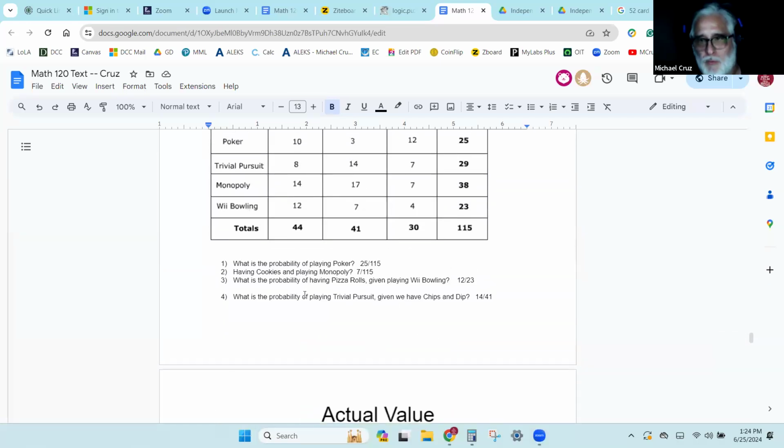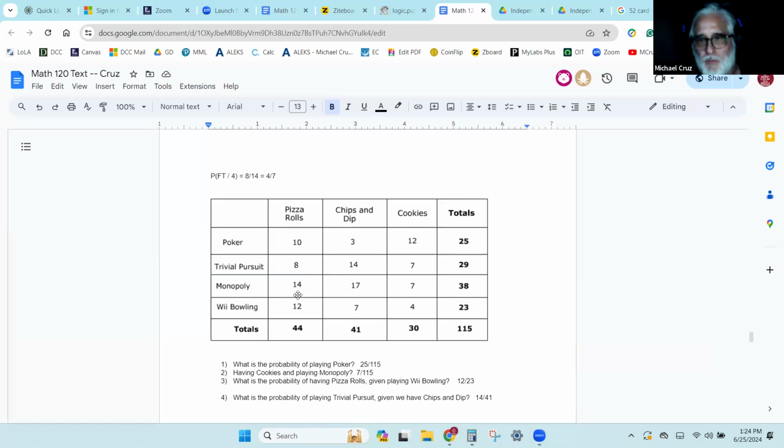All right, let's try one more of these things. I put my answers on here. So this is a nice little contingency table. On the rows you have 4 different games: poker, Trivial Pursuit, Monopoly, and Wii Bowling.